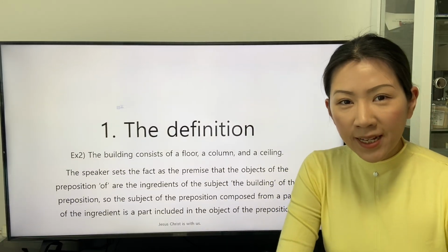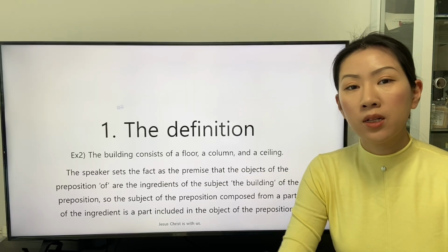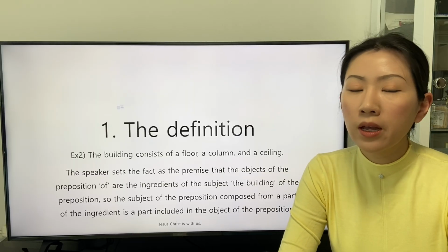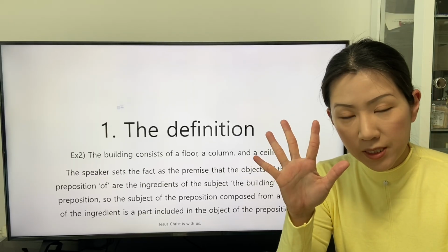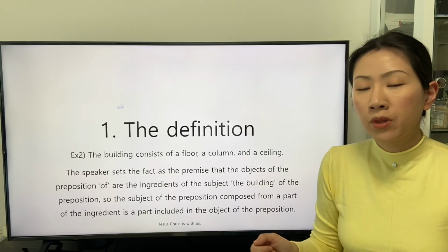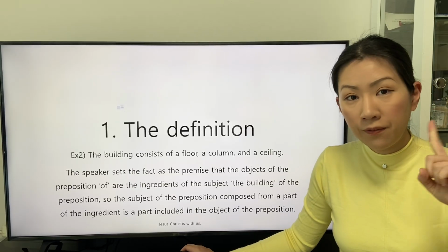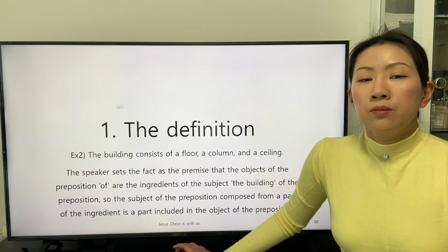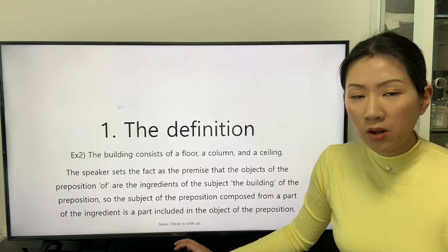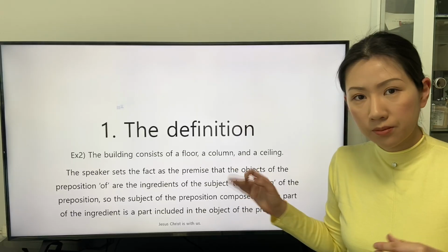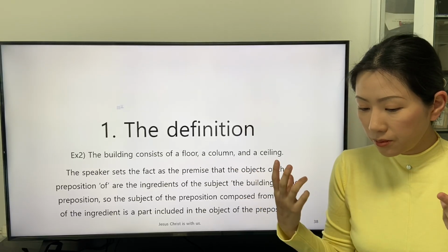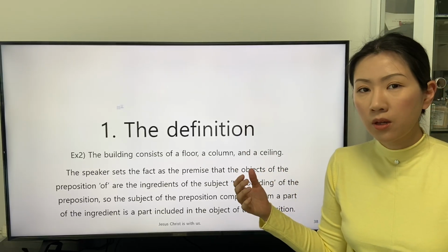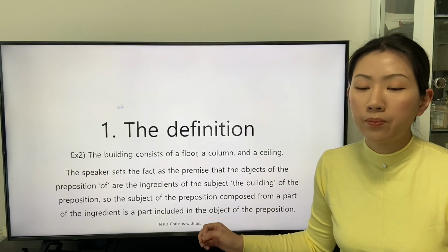Good morning. Today we will continue to study the 5 types of clauses. As the first and second classification, we studied this clause with the intransitive verb.